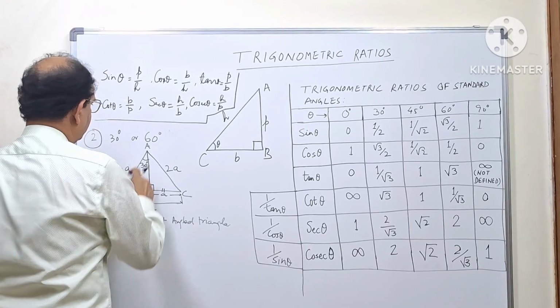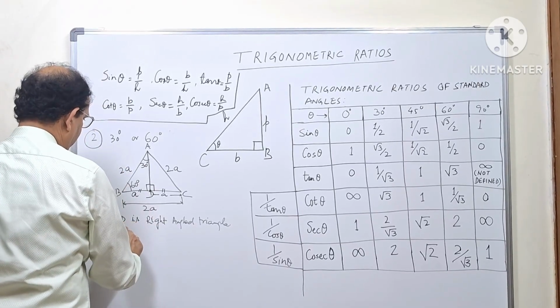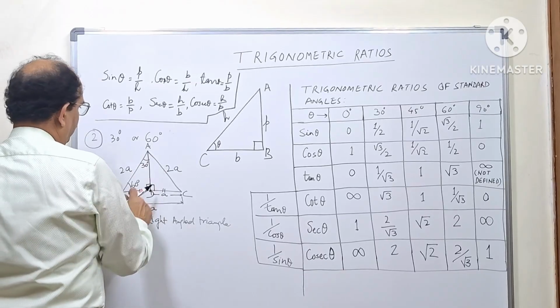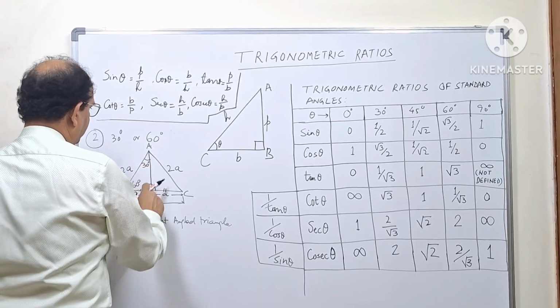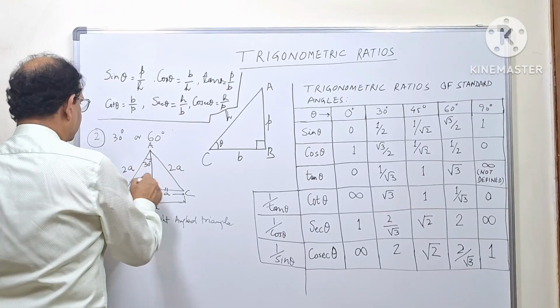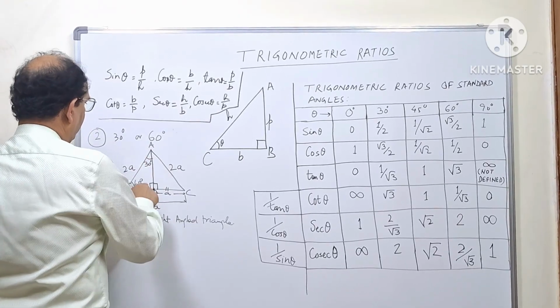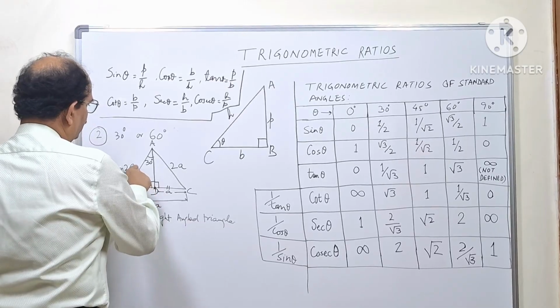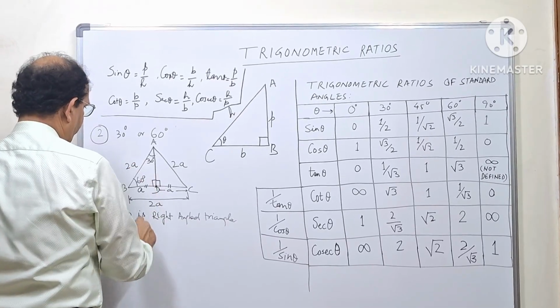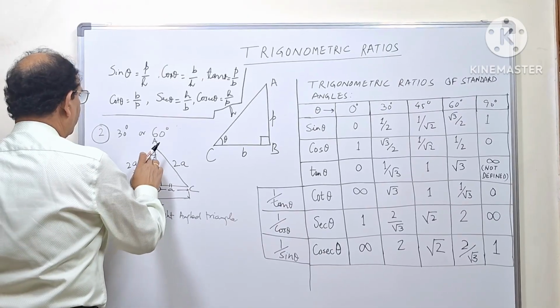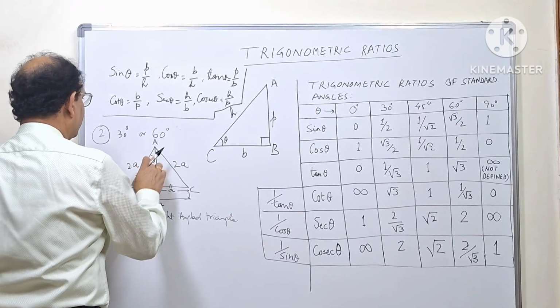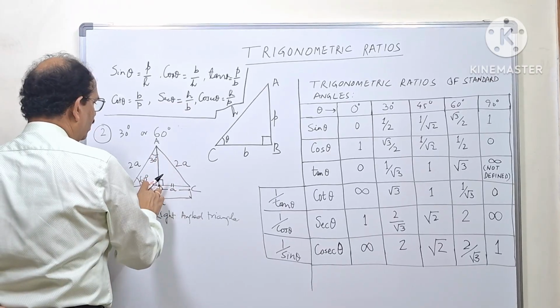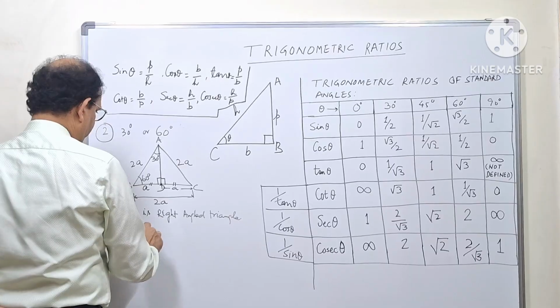To do that, let us first find out the length of AD. If you consider this a right angle triangle, because this is 90 degrees, this will be a hypotenuse. So AD, depending upon whether you take this angle or this angle, will be either base or perpendicular.